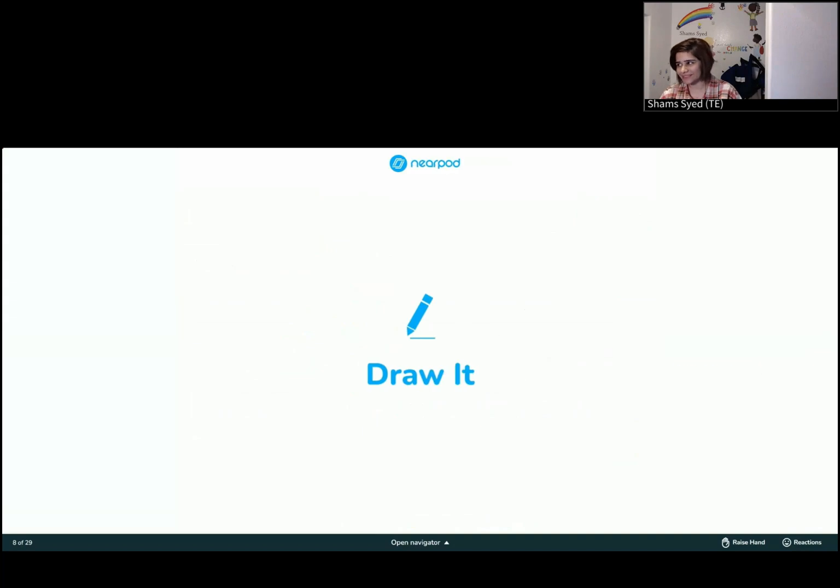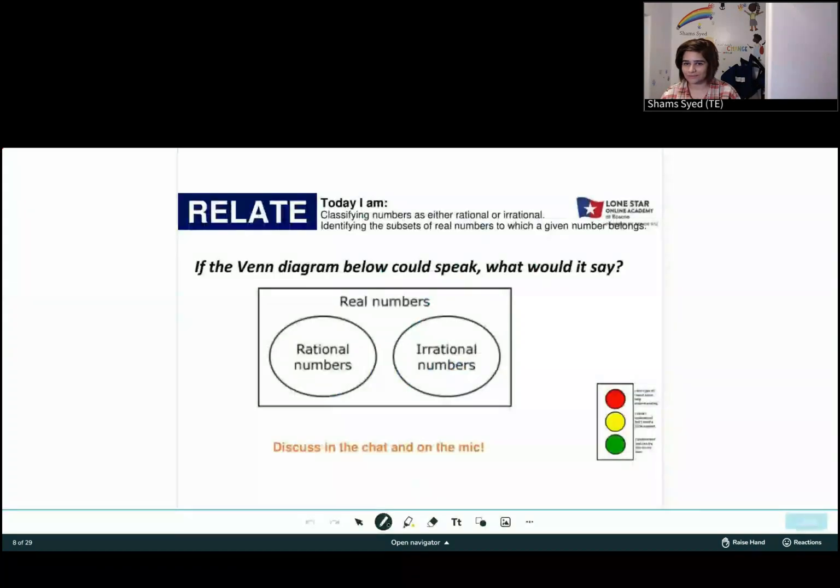Well, my next activity is you look at this Venn diagram. In my previous lesson objectives, I'm talking about sets and subsets. In math, we are using Venn diagrams to show those relationships. So this Venn diagram is telling you about real numbers and about rationals and irrationals. Look at it carefully.